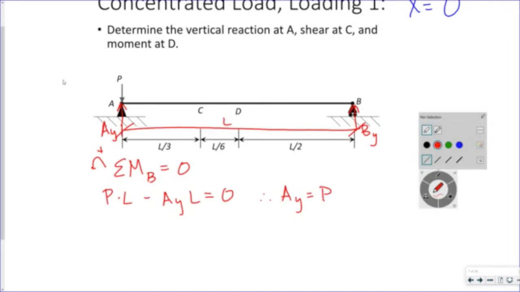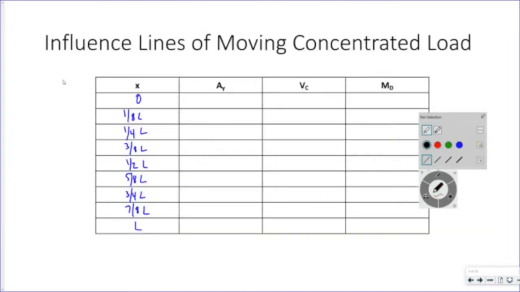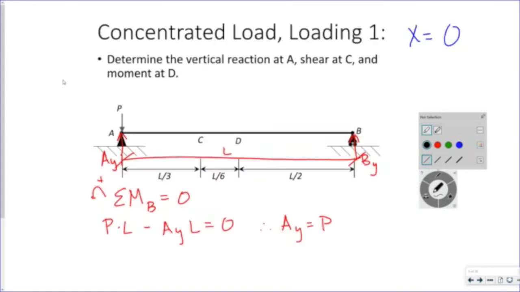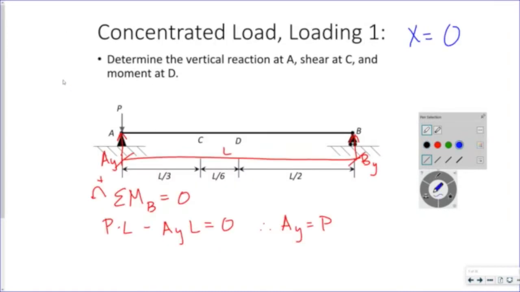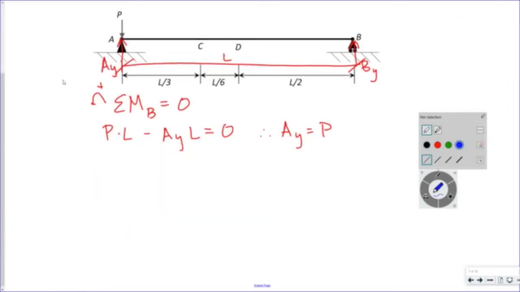So now, my second thing, my shear at C. I'm going to draw my beam. This is what we did right when we first started doing shear and moments, right?